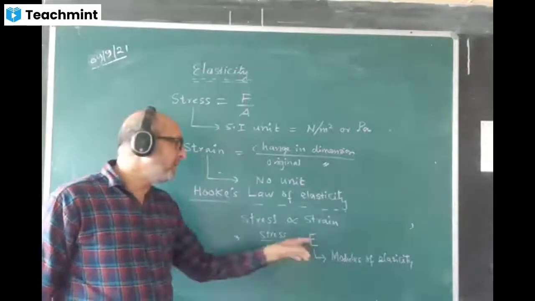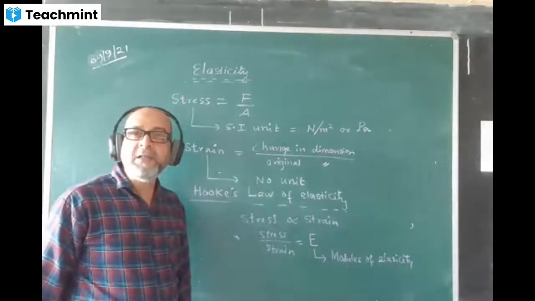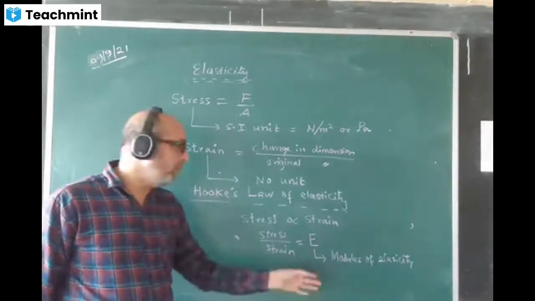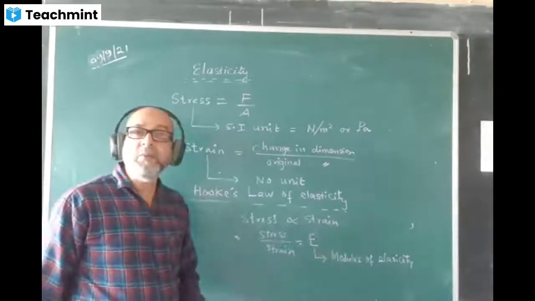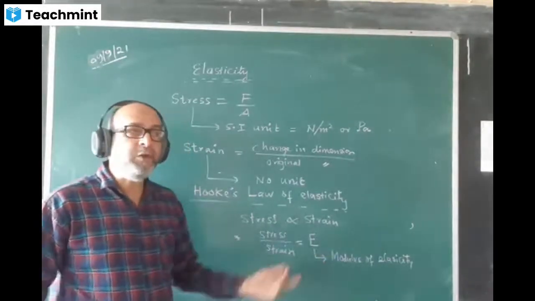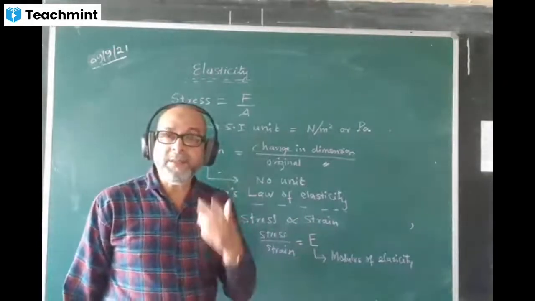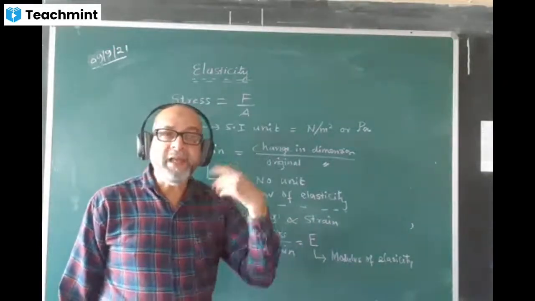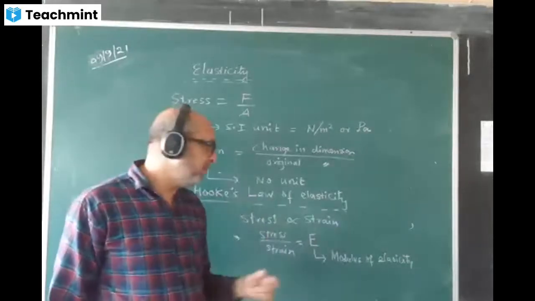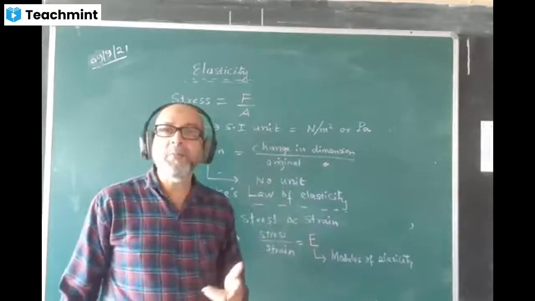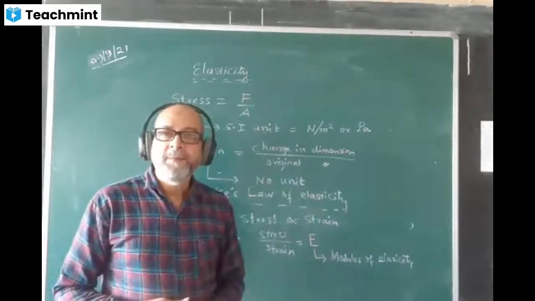And what information does the modulus of elasticity carry? It tells you how elastic a substance is. How much elastic? It is very or less elastic. When the value of E is very high, that means the body is highly elastic.